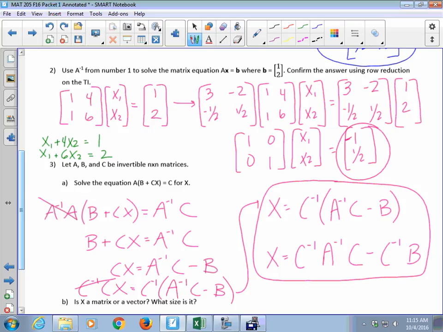Because when you multiply these, x1 plus 4x2 gives you the first entry, and x1 plus 6x2, when you do that multiplication, you get 2. So we were solving for those two unknowns, x1 and x2. Normally we would just set up an augmented matrix and row reduce. This is a new way of doing it. It can just work in the matrix multiplication format without having to translate.